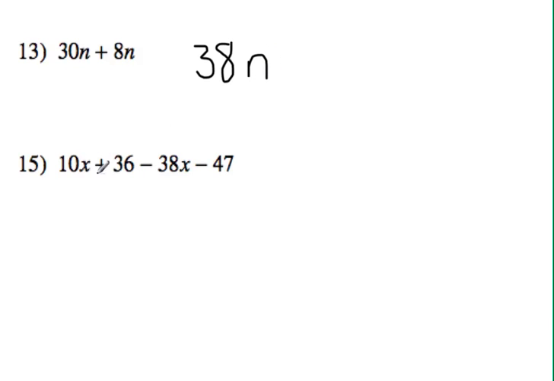Okay, let's look at the next one. We have 10x plus 36 minus 38x, or a negative 38x, and minus 47, or a negative 47. So what I like to do is regroup them with their like terms.